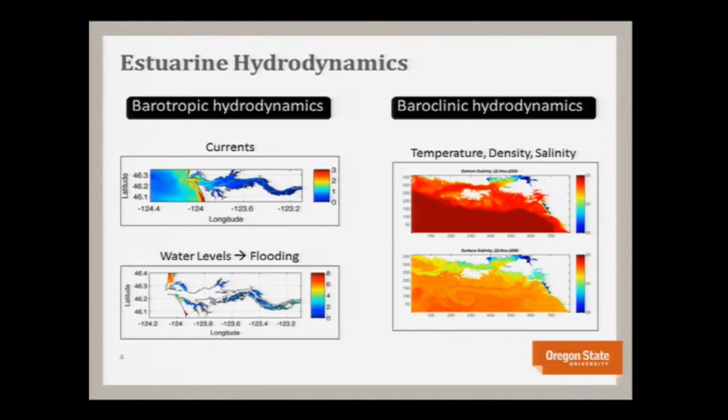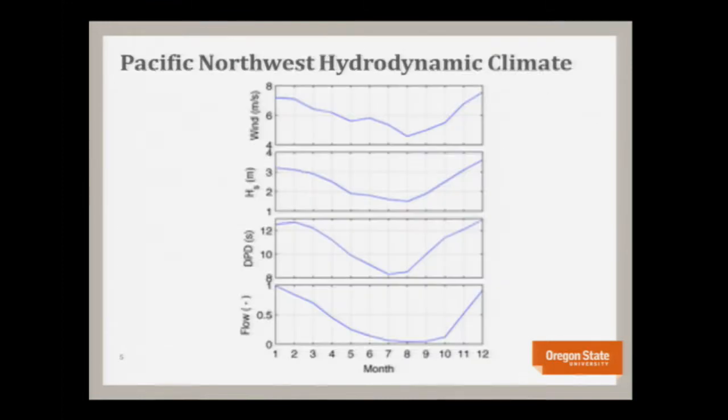This talk focuses more on the left side, looking at barotropic hydrodynamics and an interest in water elevations. This orients you a little bit to the basic characteristics of the hydrodynamic climate of the Pacific Northwest. The first three panels are climatologies, so they're long-term averages by month on the horizontal axis, with data from the Stonewall Bank buoy.